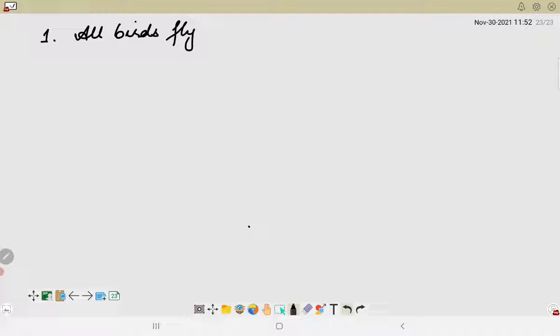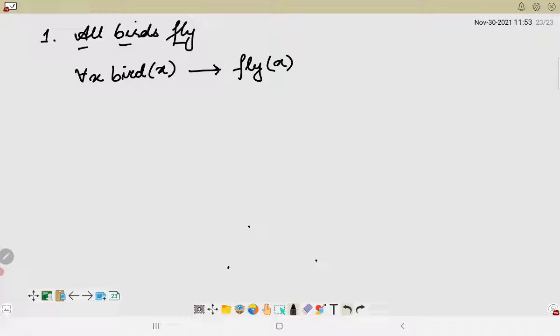Fly is basically the predicate and bird is basically the subject. We also have a quantifier here. So if I am representing this with a variable: for all x, if x is a bird, then x can fly.